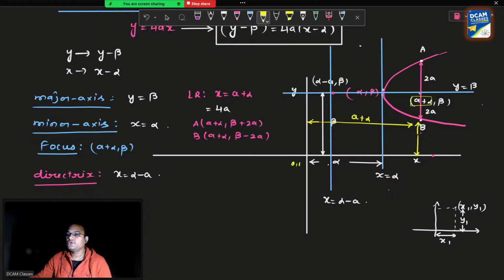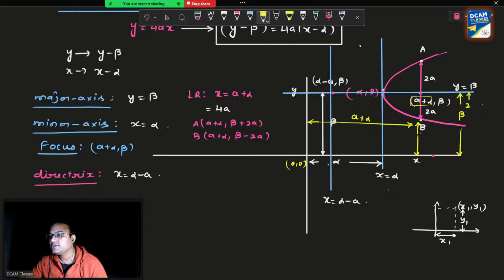From the origin 0, 0, it should be a plus alpha. This whole distance is beta and this distance is 2a. So what will be this distance? It will be beta minus 2a. Yes, I understand. You understood?